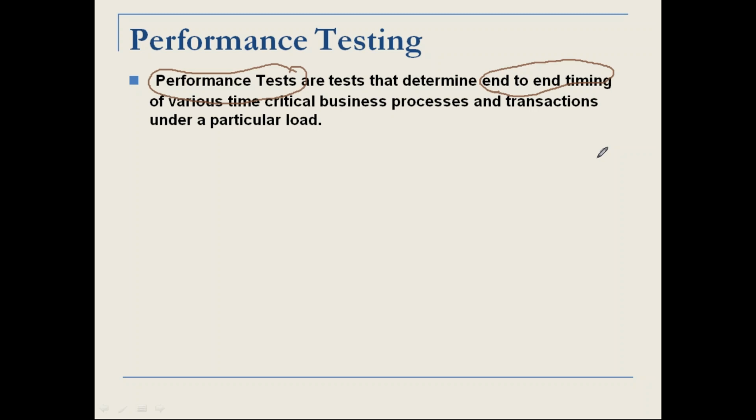So performance tests determine end-to-end timing of various time-critical business processes and transactions under particular load. This is the main important thing one should understand. I am not testing one user after another. I am putting the entire load onto the application and then finding out the end-to-end timings.